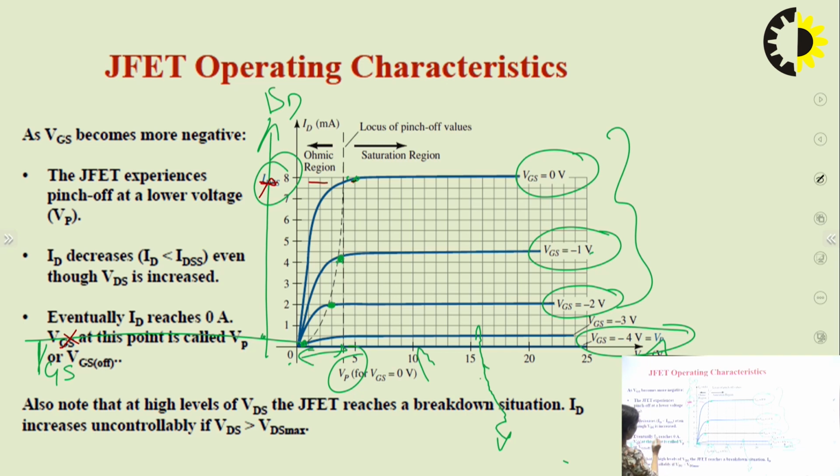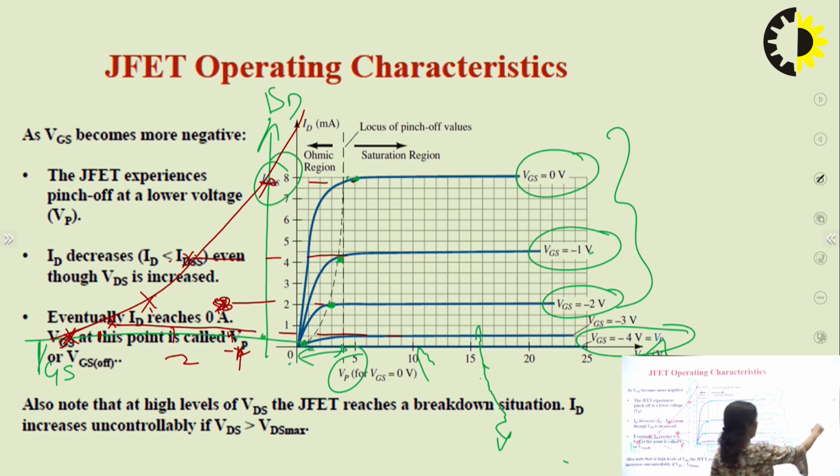When VGS is minus 1 volt, we will have this point. When it is minus 2 volt, we have this point, and for minus 3 it will be this point, and VGS equal to VP this point. So this is the curve. Either we can draw the curve with the help of the quadratic equation, or we can draw this with the help of the drain curve itself.